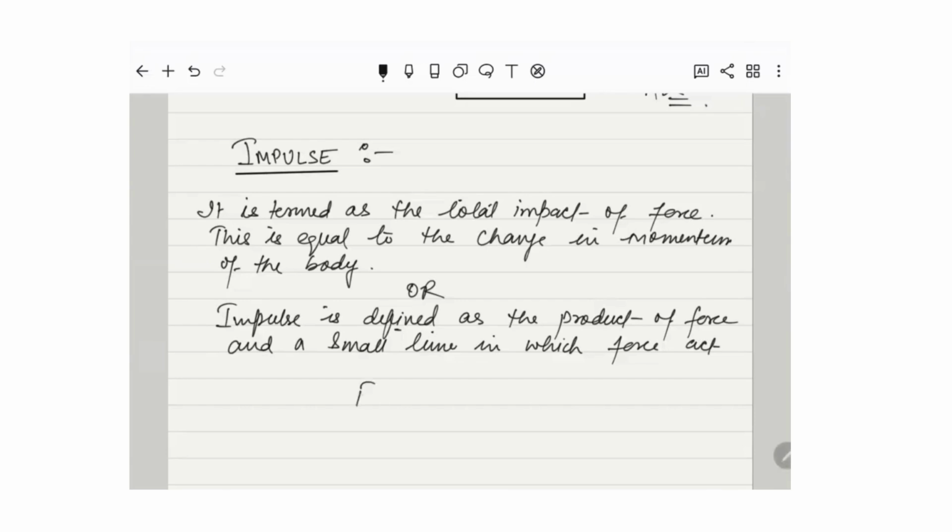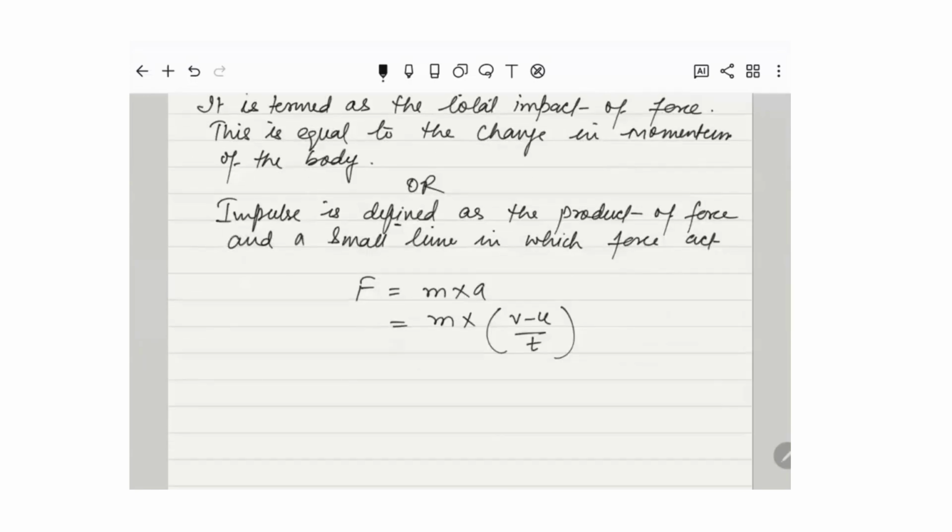So as we know that F is m into v minus u upon t. Right? Okay. Or we can start with F is equal to m into a. What is a? A is v minus u upon t. Right? Okay. Now, this is mv minus mu upon t. Multiply m inside the bracket. Right? Okay.